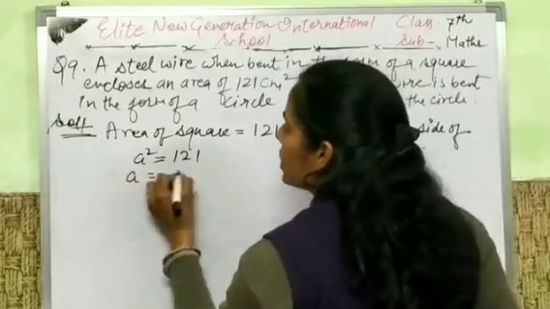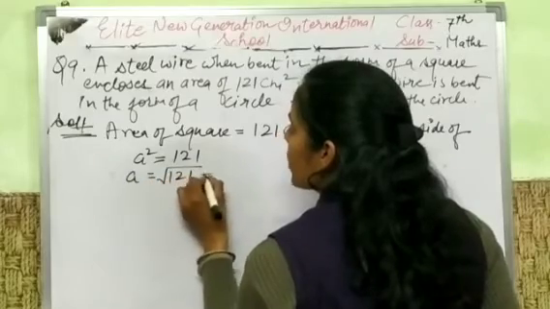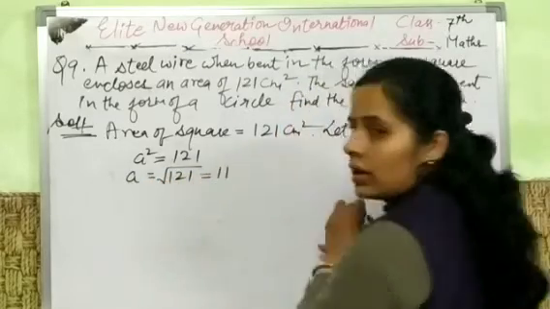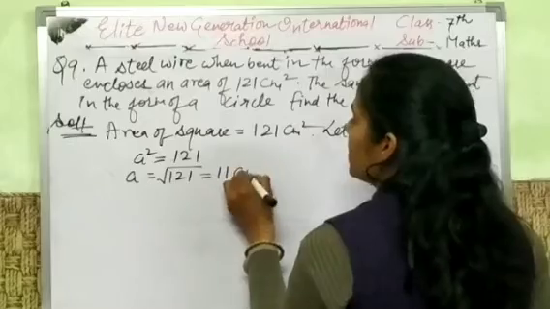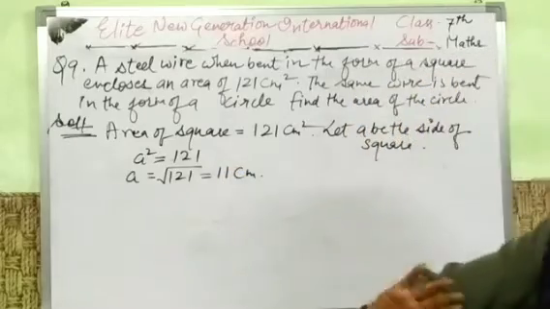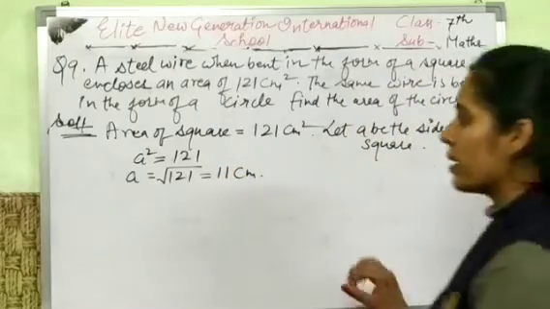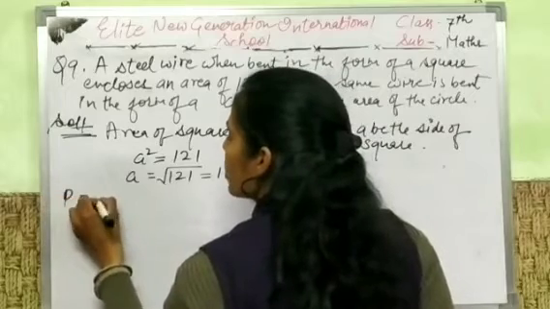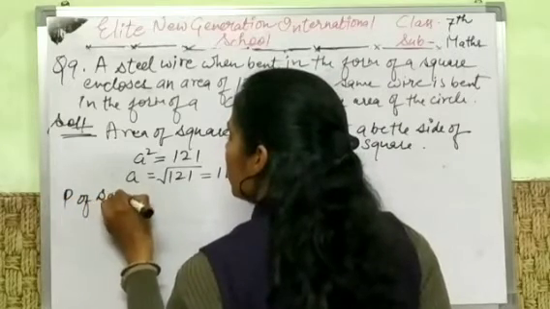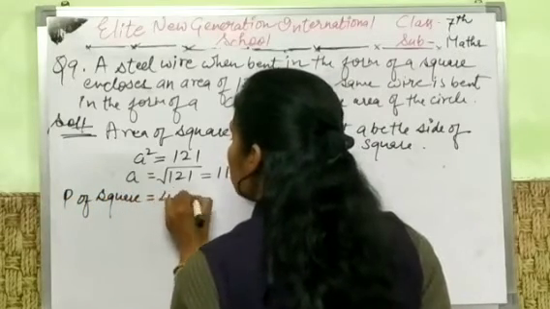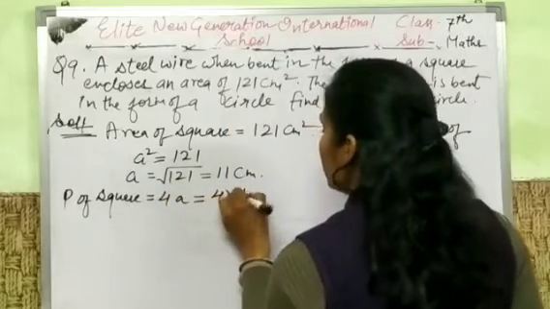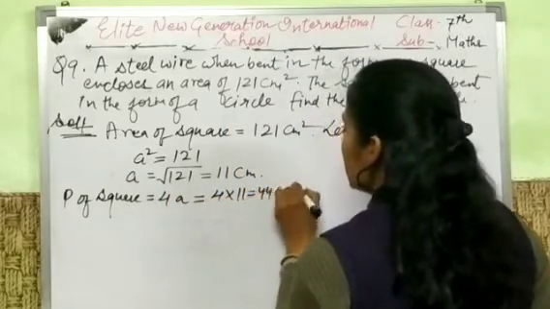So A is equal to square root of 121, and this is the square of 11. So A is equal to 11 centimeter. Now we can easily find the perimeter of a square, which is equal to 4 into side. 4 into 11, it means 44 centimeter.